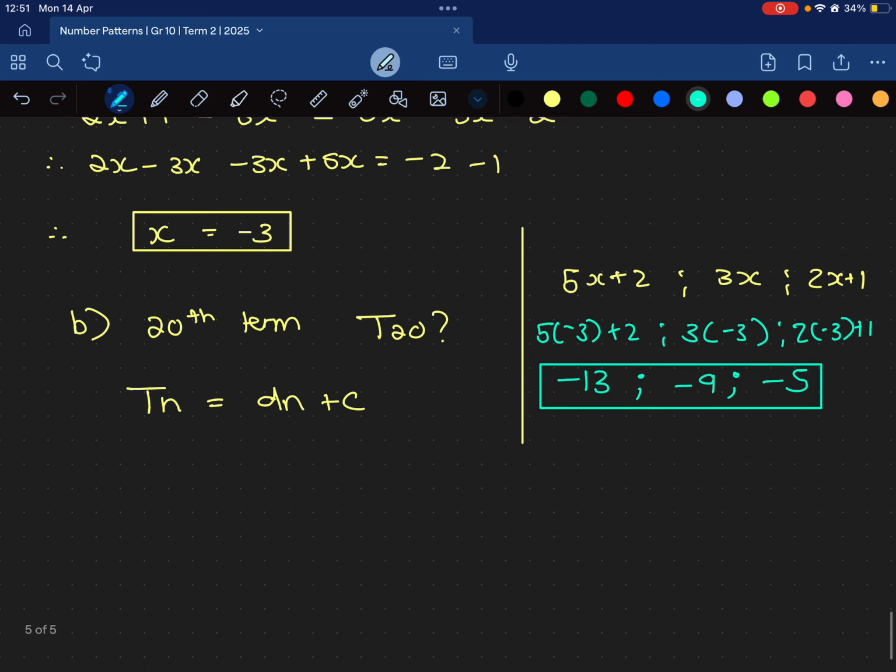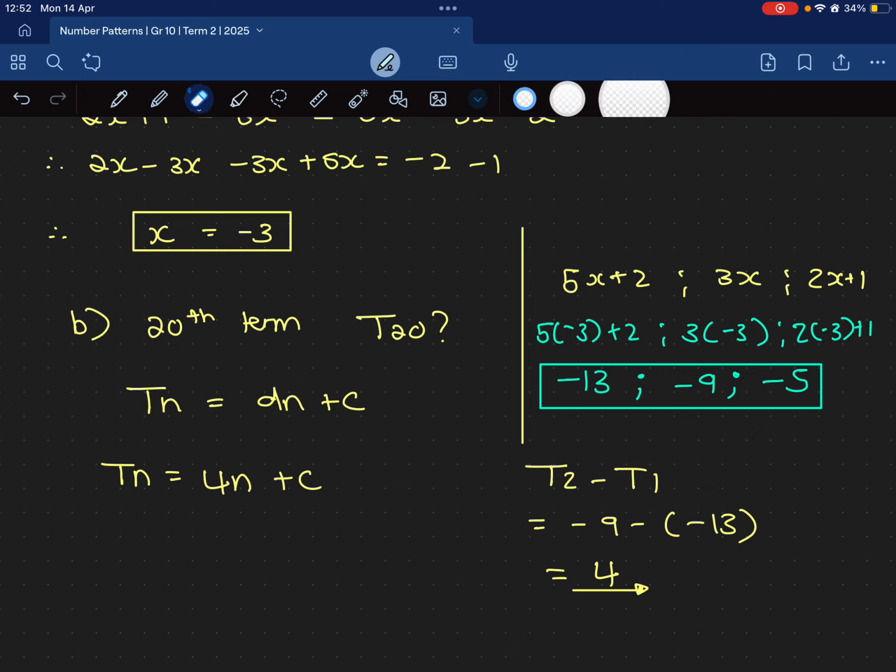I can find the common difference: t2 minus t1, which is minus 9 minus negative 13, which is positive 4. So Tn is equal to positive 4n plus c.